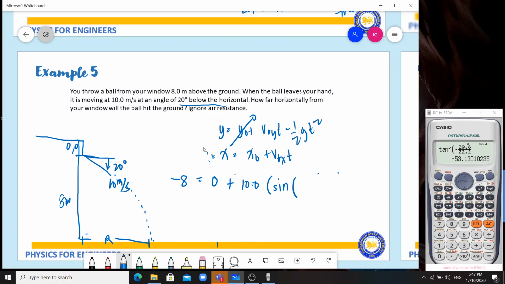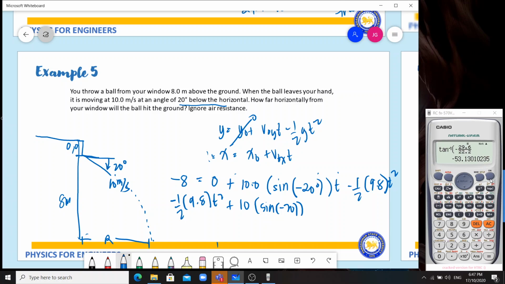Dahil 20 degrees pababa at rotating clockwise siya, dapat negative 20 to. Times t minus 1 half 9.8 t squared. So, parang kanina lang din. Lipat natin to. Gawin nating negative 1 half 9.8 t squared plus 10 sine negative 20 t plus 8 equals to 0.